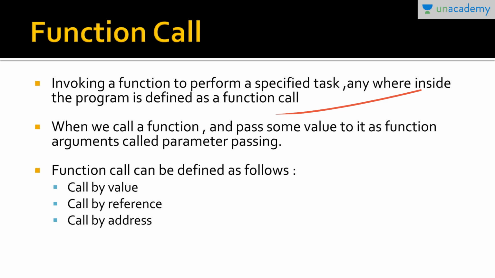When we call a function and pass some value to it as function arguments, it is called parameter passing. So when we call a function, whatever particular function we are going to use in the program, we need to see whether it is eligible enough to be used in the program. That can be seen by parameter passing.